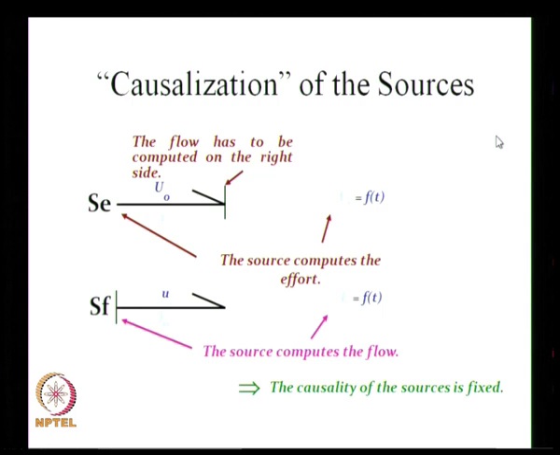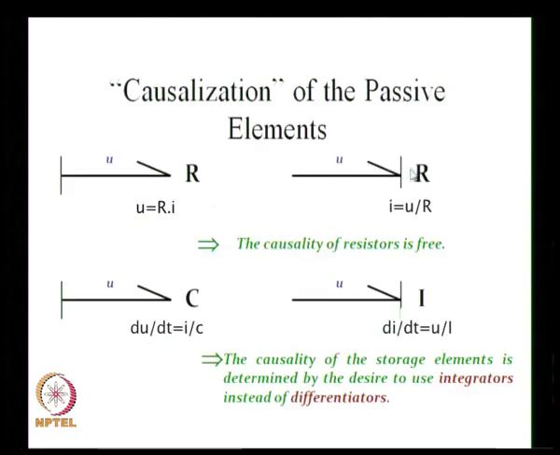And for the other elements, to fix the causality we need to find out the relationship for these elements. So here you can see the R element, and for the R element you can have a relationship like U is equal to R multiplied by I, or I is equal to U divided by R. Here U represents the effort and I represents the flow, that is the voltage and current.